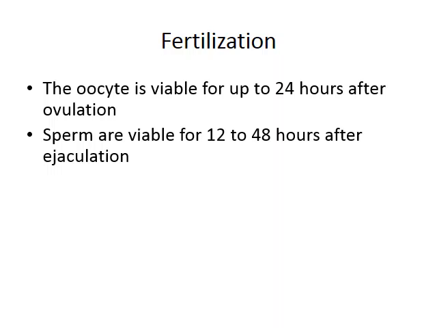In addition to that, however, sperm are also faced with the added challenge of having to travel quite a distance. So ejaculation happens down in the birth canal, near the inferior part of the uterus and the vagina and everything.